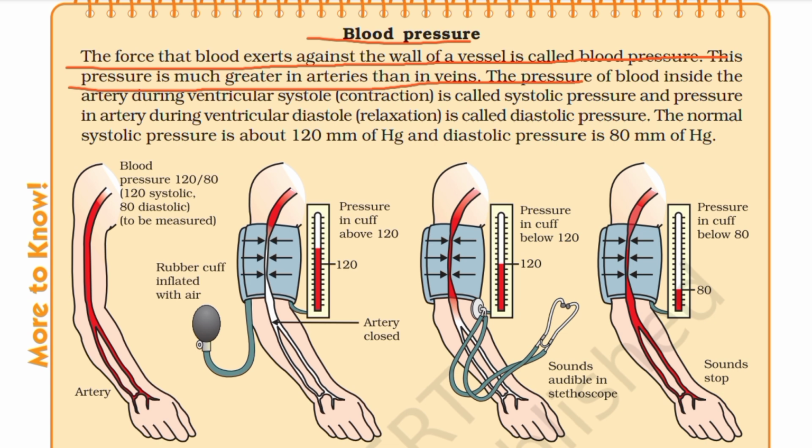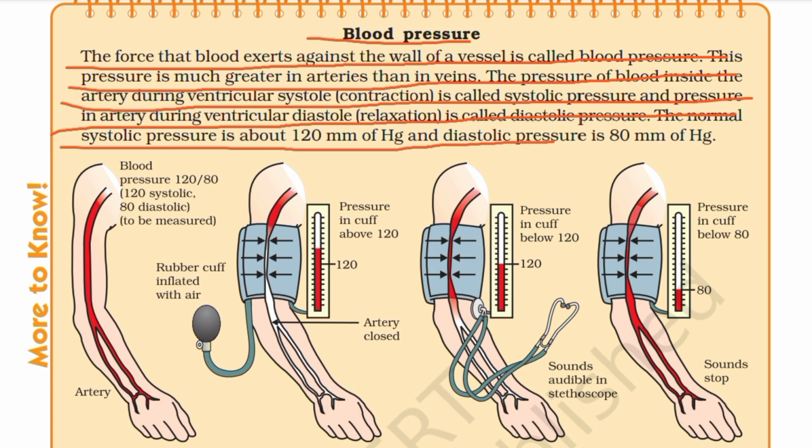The pressure of blood inside the artery during ventricular systole (contraction) is called systolic pressure, and pressure in the artery during ventricular diastole (relaxation) is called diastolic pressure. The normal systolic pressure is about 120 mm of Hg and diastolic pressure is 80 mm of Hg.